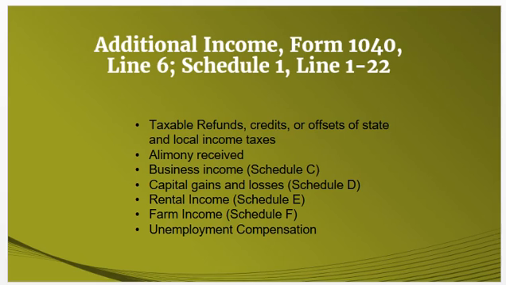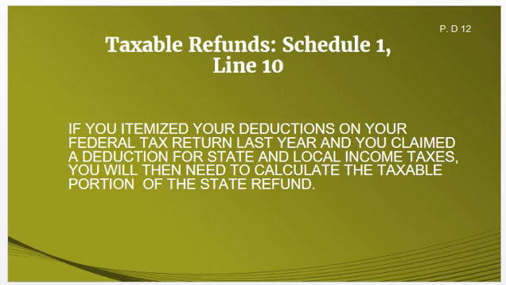Some of the things that we're going to see on the Schedule 1 are taxable refunds, credits, or offsets of state and local income taxes, alimony received, business income, capital gains and losses, rental income, farm income, unemployment compensation. All of these things could be things that your taxpayer will have. And so that's going to be reported on the Schedule 1, totaled and brought back to line 6 of the 1040.